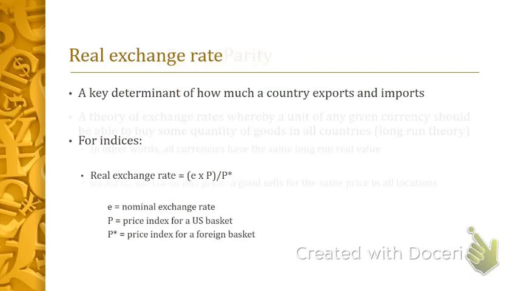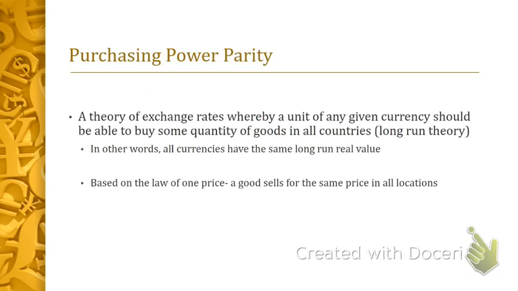Everybody got that? Okay. So, purchasing power parity. A theory of exchange rates whereby a unit of any given currency should be able to buy the same quantity of goods in all countries. It's a long-run theory. In other words, all currencies have the same long-run real value.